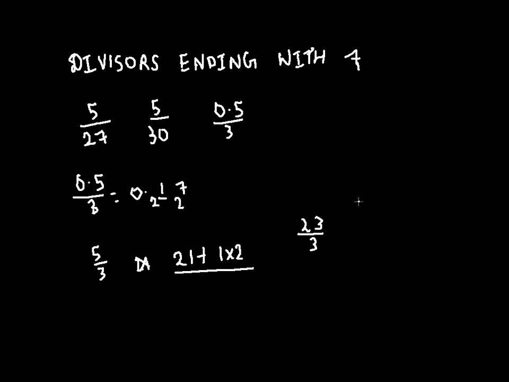Again 27 is not our final dividend. 27 is only our base dividend, which when multiplied, 7 multiplied by 2, 14 added to 27, giving you 41 by 3.